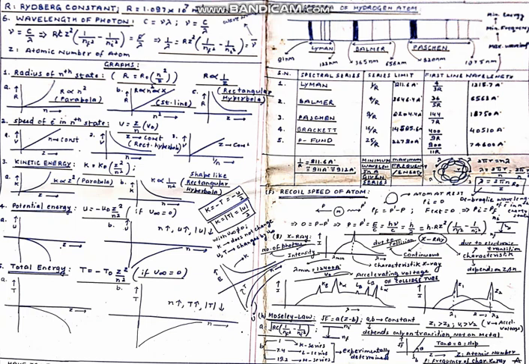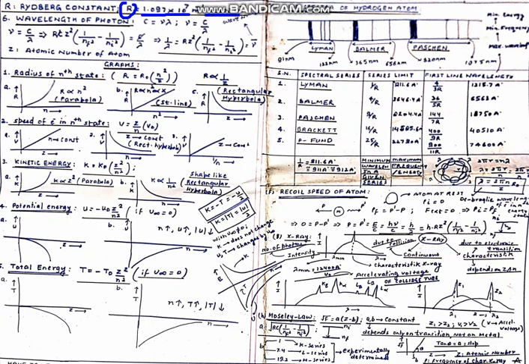Let's discuss the parameters of an electron as per the Bohr's model. We have discussed in the last video the frequency of the photon emitted. In that case, the Rydberg constant is equal to 1.0797 × 10^7 meter inverse, which is 109678 centimeter inverse.